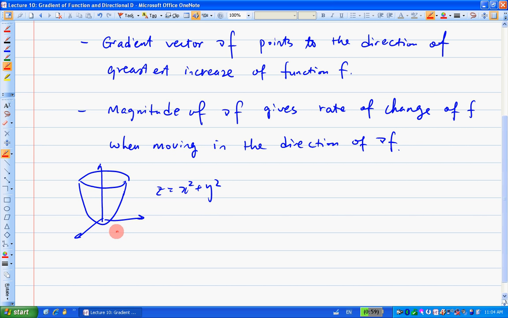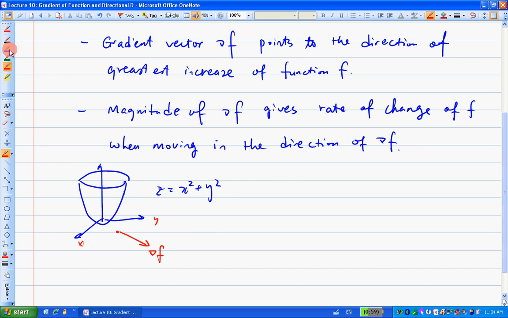You take a point on the x, y coordinates, then you draw the gradient vector, which is del f. Basically you calculate the partial derivatives of f first, plug in the coordinates, then draw the corresponding vector starting from that point. That's how you draw the gradient vector.